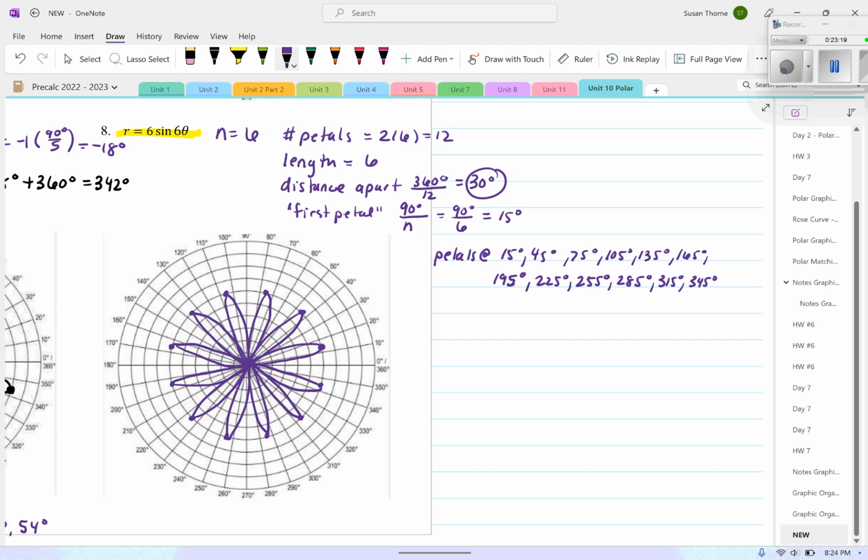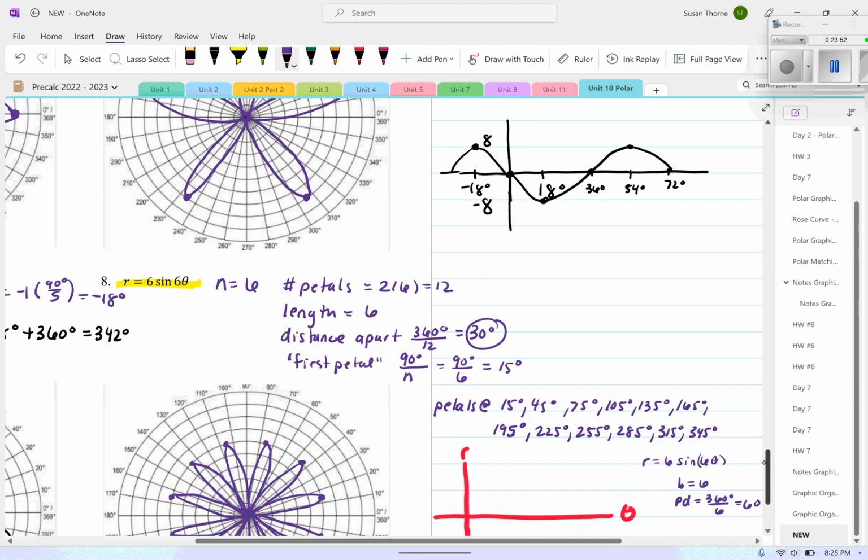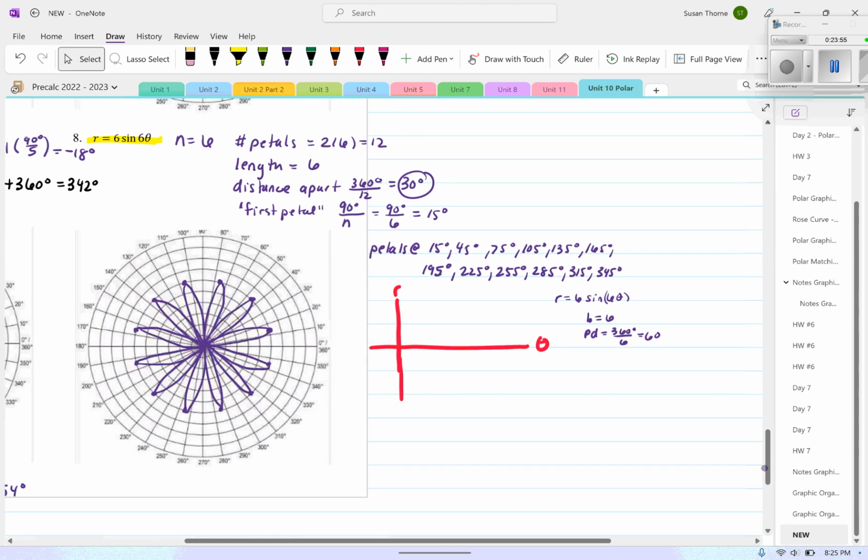So again, just to show you our r-value analysis, if I were to graph this, r versus theta, we know that if we have r equals 6 sine 6 theta, our b value is equal to 6, which means the period equals 360 degrees divided by 6, which gives us 60 degrees.